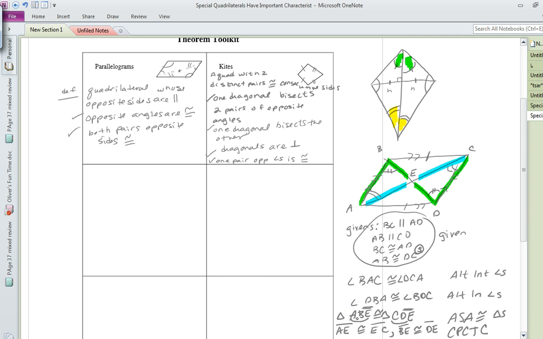So I can also say that the diagonals of a parallelogram bisect each other.